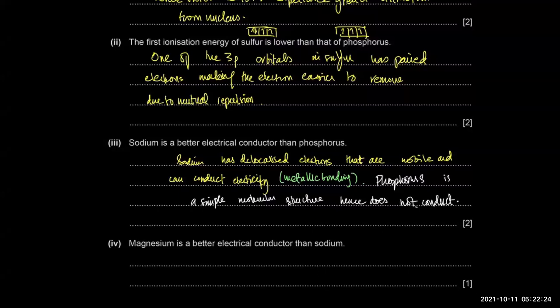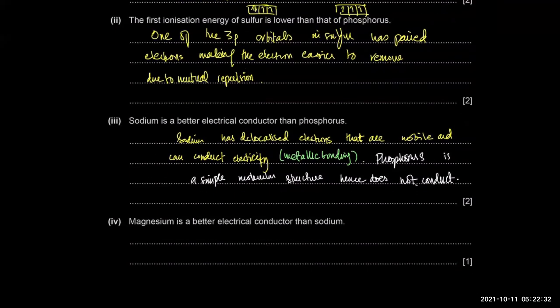So what's the difference between magnesium and sodium? Magnesium simply has more electrons that it releases in the metallic lattice. It has two electrons in the outer shell, so it releases both of them in the metallic lattice, right?